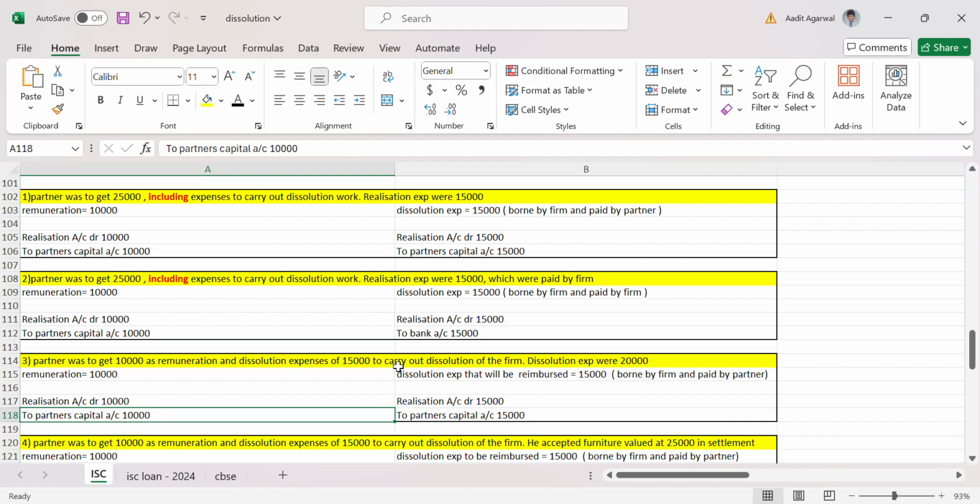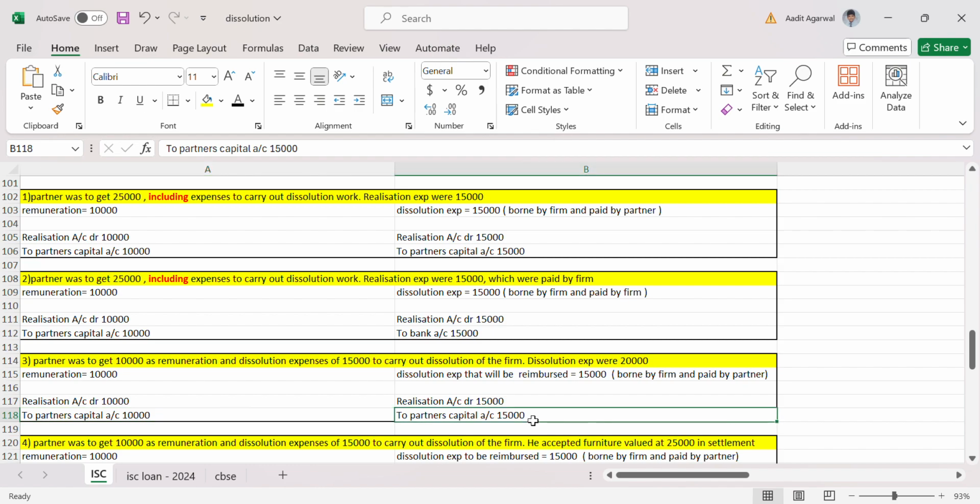Since you are reimbursing these dissolution expenses to the partner, the final burden is borne by the firm, right? And this was initially paid by the partner which is now reimbursed to him. So it is initially paid by the partner but actually borne by the firm. So entry will be, since it is borne by the firm, realization debit, and it was initially paid by the partner, so partner credit.